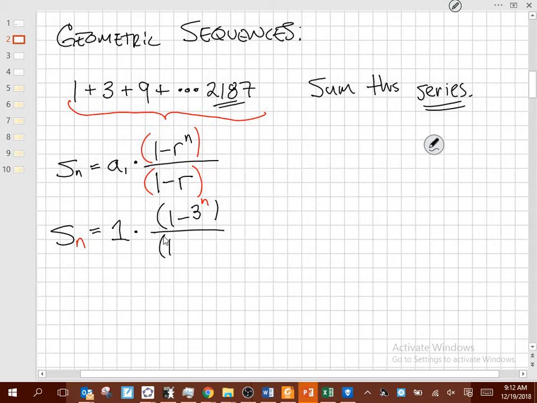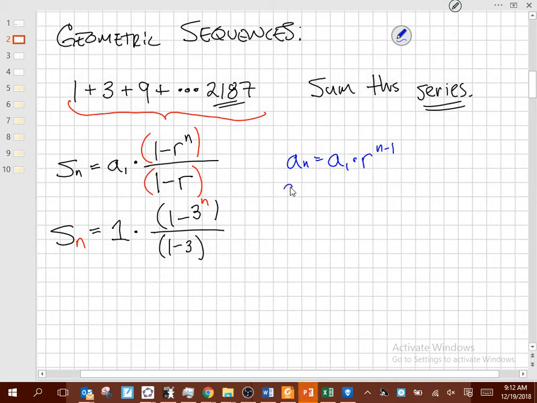So I start filling in these things, and I'm left with an equation with one variable, and I've got to find what n is. So this series gives me a way of finding n if I know what the rule is that generates that series. Every geometric sequence is of that form, would you agree? So the 1, the 3, the 9, the 2187 are generated by some unknown rule.